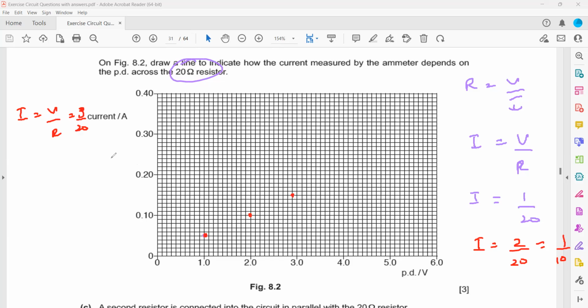Same thing, we will find the value for the current. As we are changing the voltage, the resistance is not changing. It is 20, so when it is 4, it will be 0.2. When it is 5, it will be 5 divided by 20, which is 0.25.